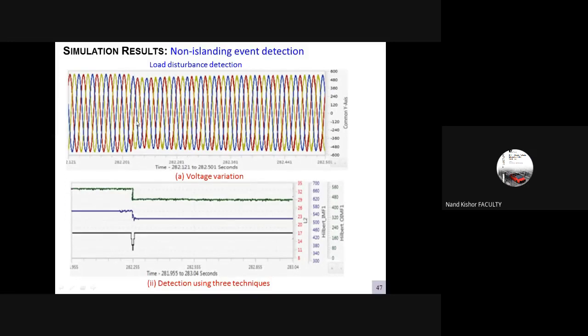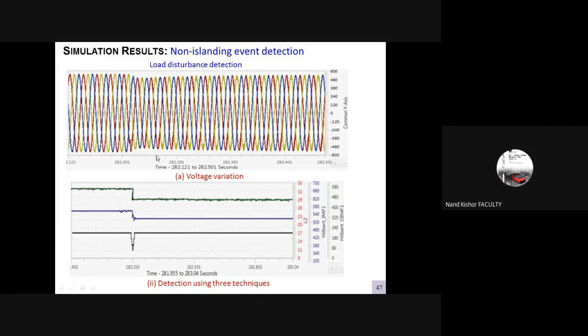And thus we can see that there is a dip here. Because of the load disturbance, there is a dip in the voltage profile of the voltage signal, and that is the voltage variation profile here. Then with the different techniques, this one refers to the discrete wavelet transform, I think, and then Hilbert on conventional IMF, and then Hilbert on orthogonal IMF here.